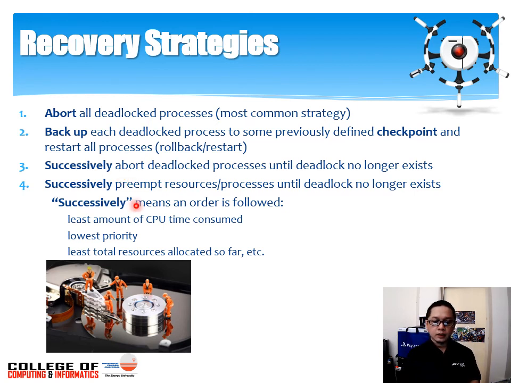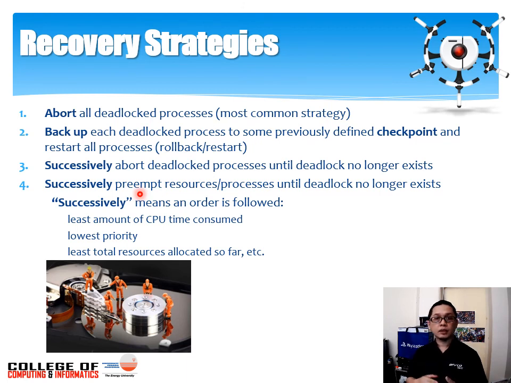The fourth one, successively preempt resources or processes until deadlock no longer exists. For example, in this case, you release the resources from the deadlocked process. So just like the previous example, now you have P1, P2, and P3 that are in deadlock. So perhaps you release the resource that is being held by P1 first and see whether deadlock still happens.